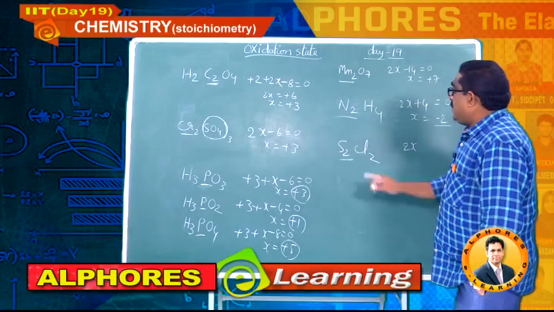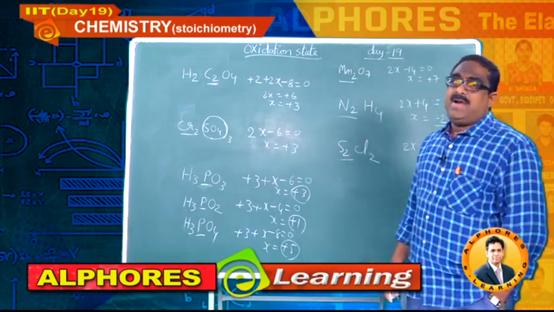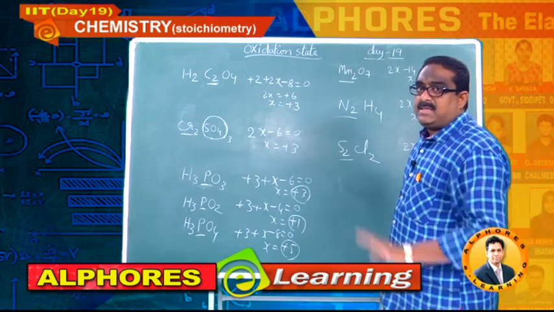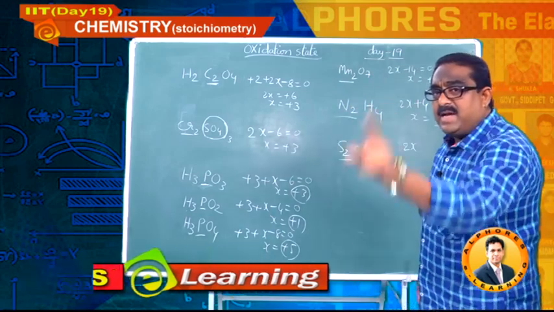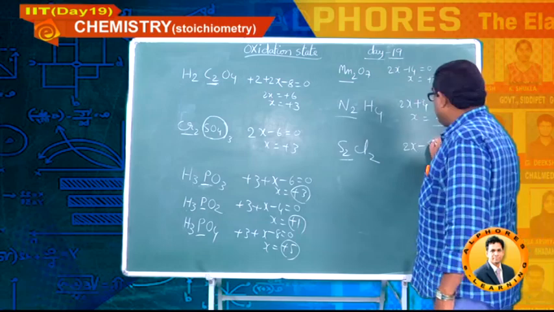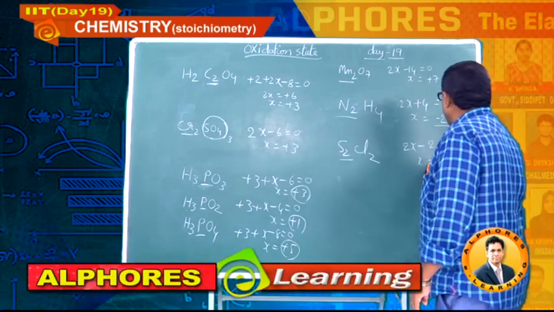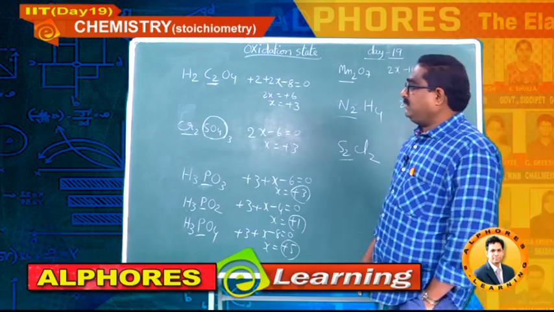Among sulfur and chlorine, chlorine is more electronegative, so it gets the negative oxidation state. Chlorine belongs to the 7th A group, so its common negative oxidation state is minus 1. So for 2 chlorines minus 2, equals to 0, x equals plus 1.